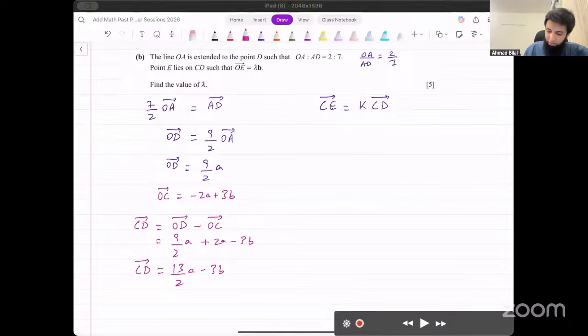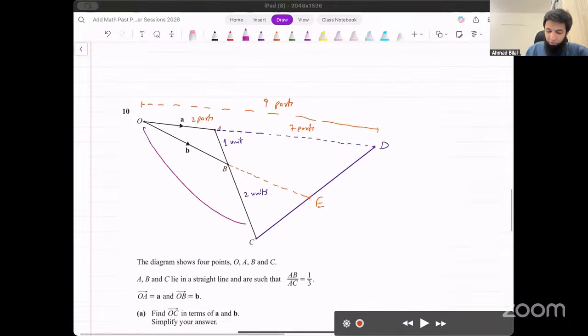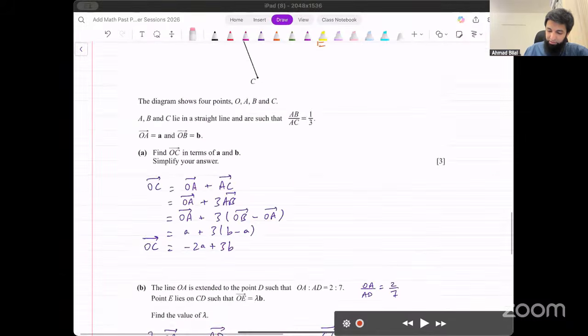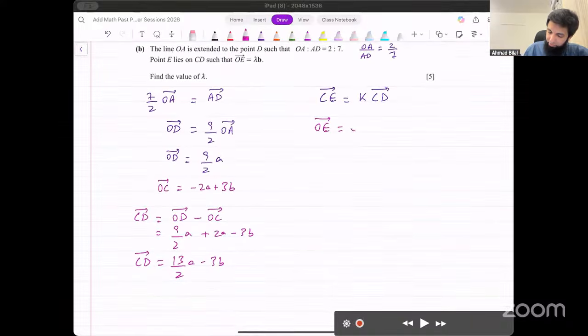And now we could figure out the vector OE from this. One possible path that we could follow could be we could go from O to C and then from C to E. So OC plus CE. OC turns out to be minus 2A plus 3B. And CE can be written as K times CD. CD is 13 over 2A minus 3B.